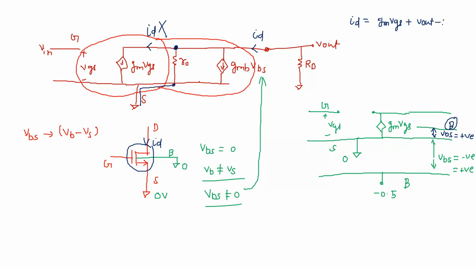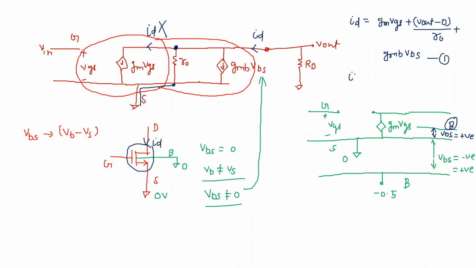So I can say (Vout minus zero) divided by r0. And the third term is gmb VBS. So this is the one equation that we'll write for ID.